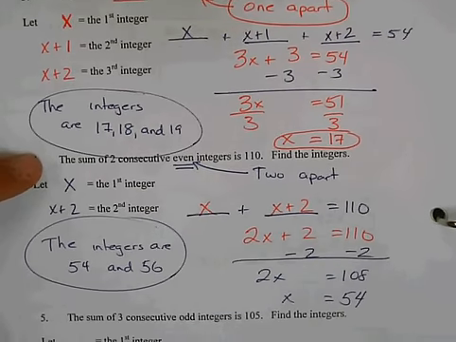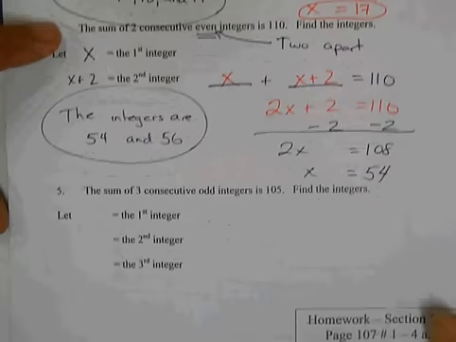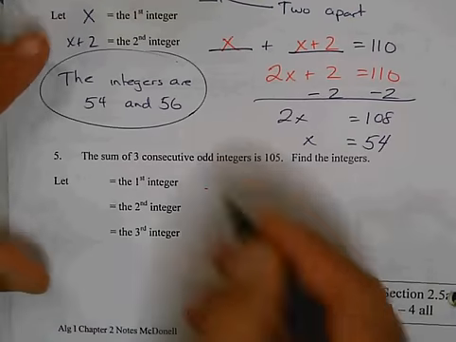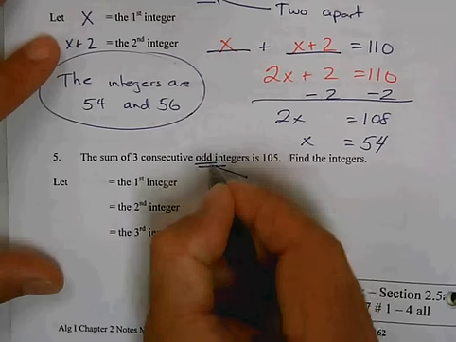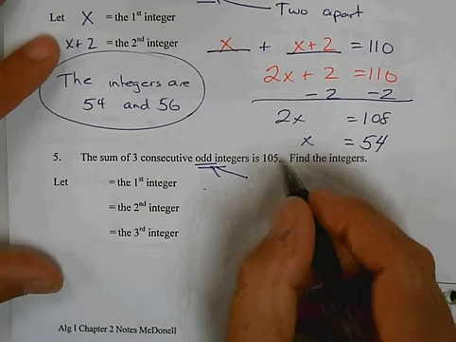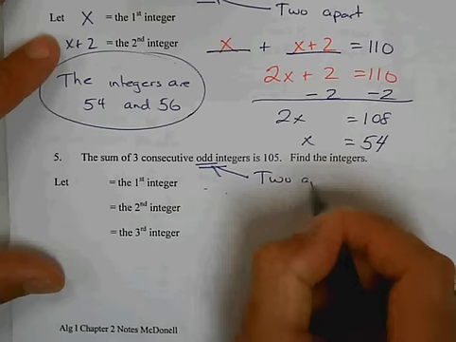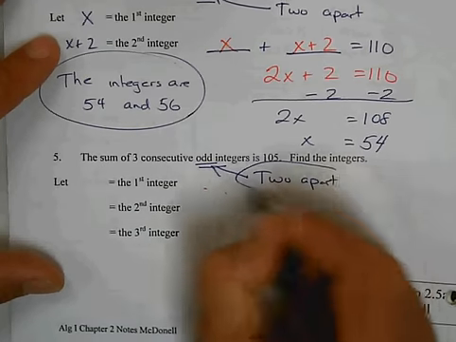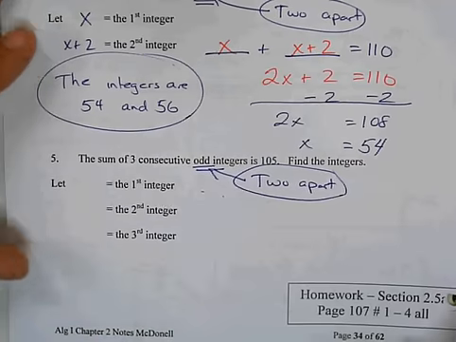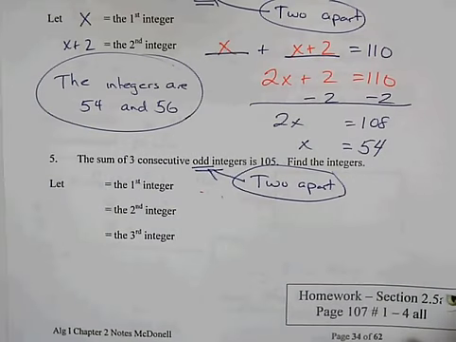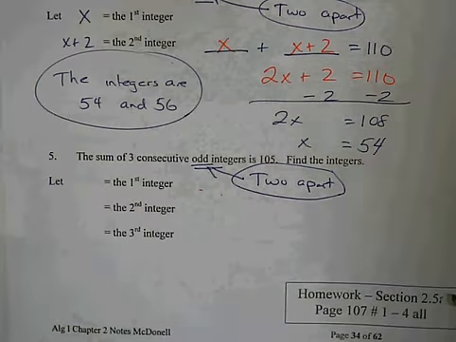All right? Just to show you all three examples, let's look at number 3. Underline the word odd and put a note that says how far apart? 2 apart. This is the problem that for some reason all the students seem to make a mistake on. I'm not sure why. This is actually easy.